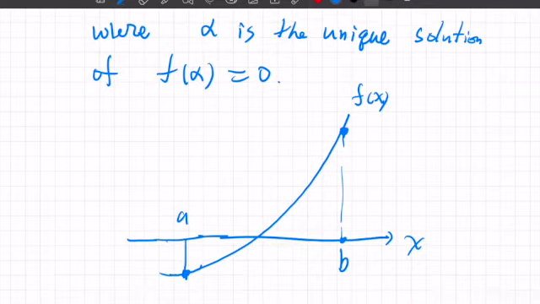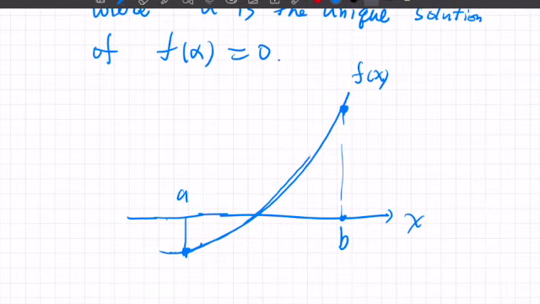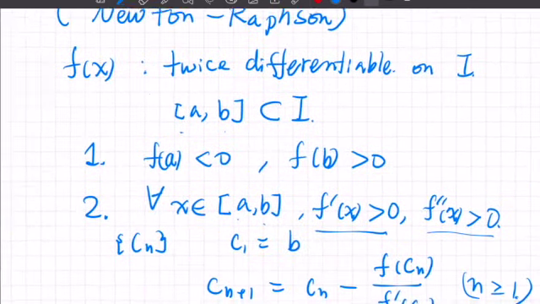So it is convex, like this. So any tangent line within this closed interval resides below the curve of f of x. And it is strictly monotone increasing, because the first derivative is positive. Then there is only one point where this function crosses the horizontal axis. That is alpha.